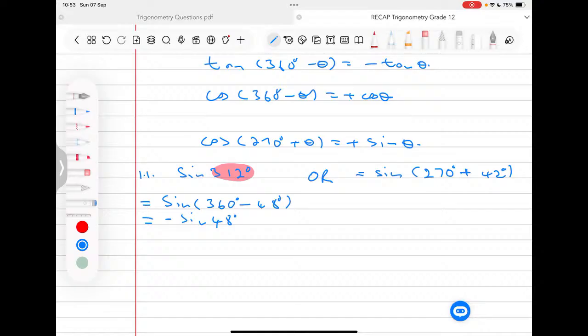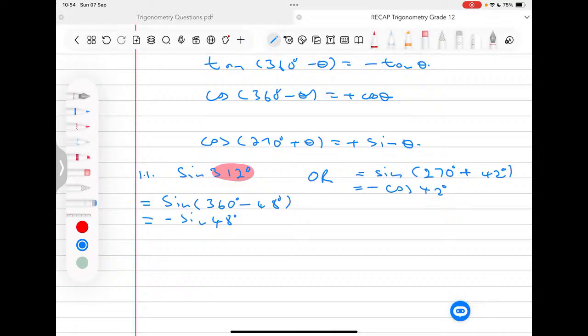I'm saying if I take 270 and add 42, I'll get this angle of 312. Now this can be reduced: I'm in the fourth quadrant and dealing with a sine, so it would be negative. And it will change to its co-function, because remember, when you use 270, it will change to its co-function. So this will be negative cos of 42 degrees.